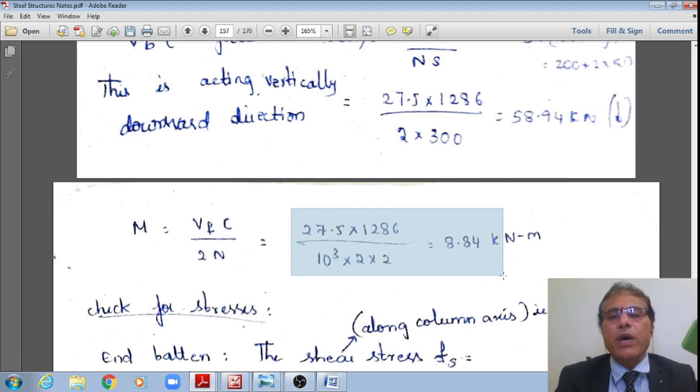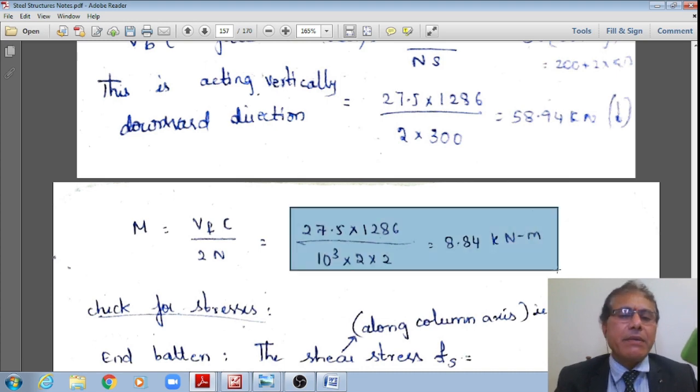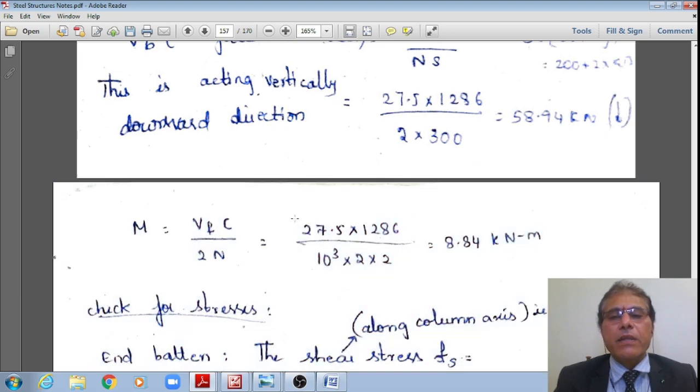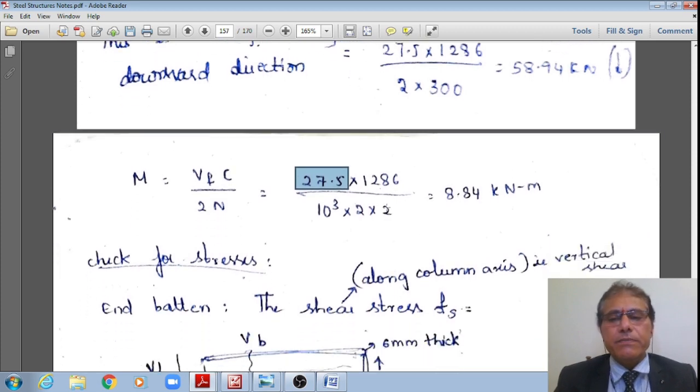Therefore, it works out to say 8.84 kilonewton meter, because all these inputs are in terms of Newton mm. I have divided with 10 to power 6. However, sorry, this 27.5 is in terms of kilonewton, student. Therefore, I am dividing with 10 to power 3 so that I'll get kilonewton meter. 8.84 kilonewton meter. I'm sorry, 27.5 is already in terms of kilonewtons.